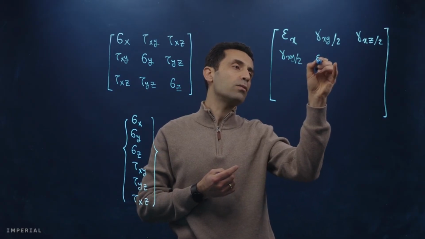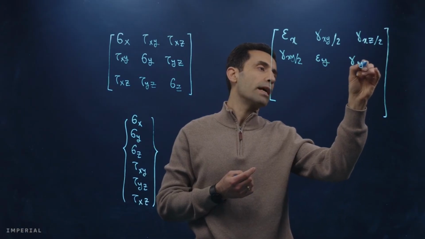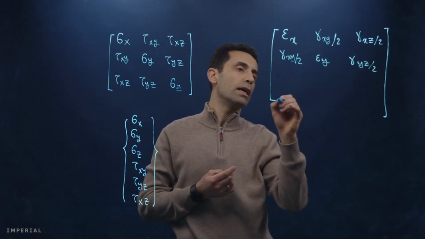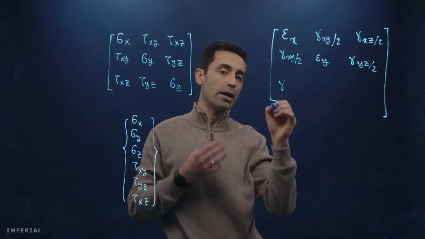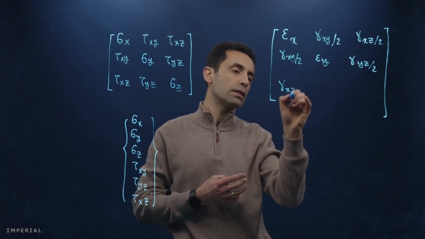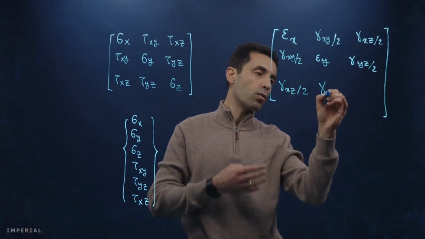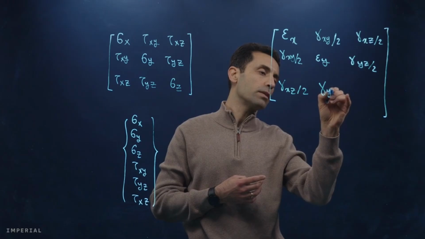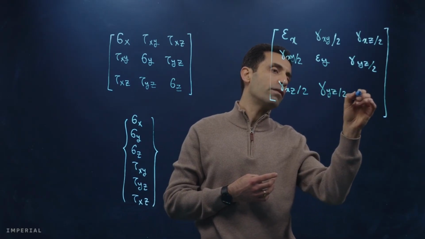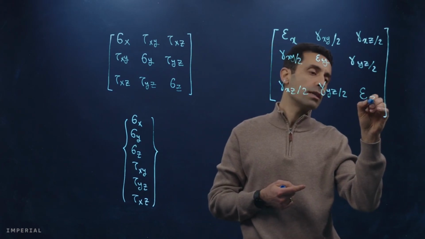We have epsilon y, and here we have gamma yz divided by 2. And then here we have gamma xz or zx, they're equal to each other, divided by 2. Gamma zy or yz, they're again equal to each other, divided by 2. And then finally the other normal strain, which is epsilon z.